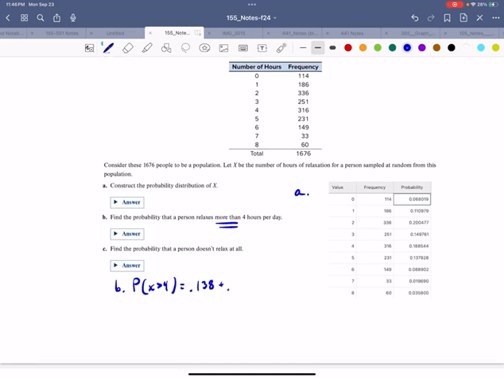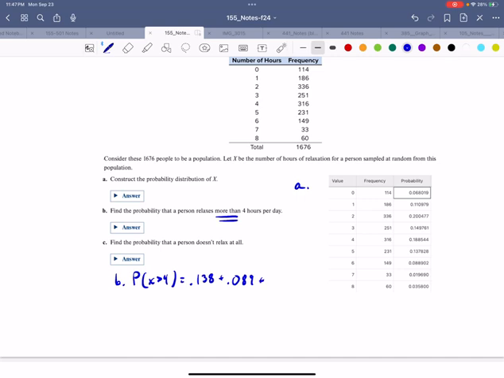plus 0.089, well, that's a 9, just to be clear, plus 0.020 if we round, plus 0.036. And whatever that equals.